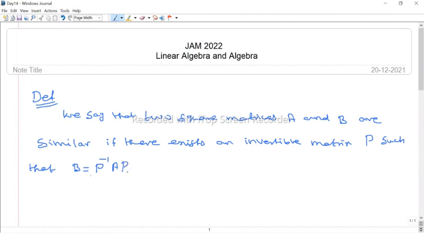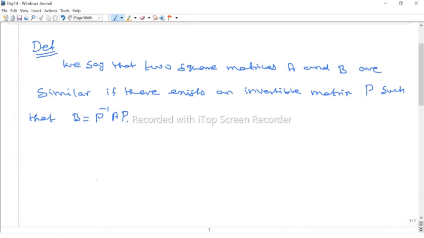If we write B equal to P inverse AP for some invertible matrix P, then we say A and B are similar.